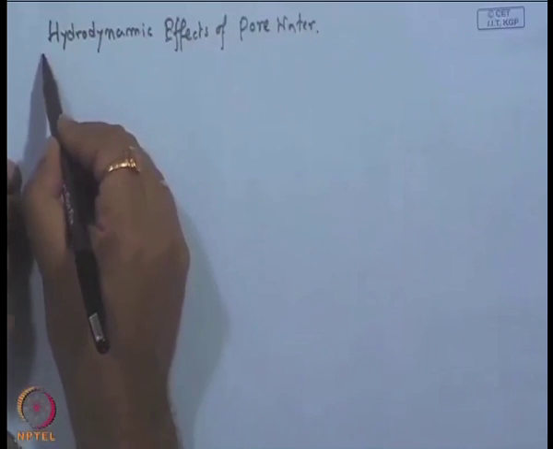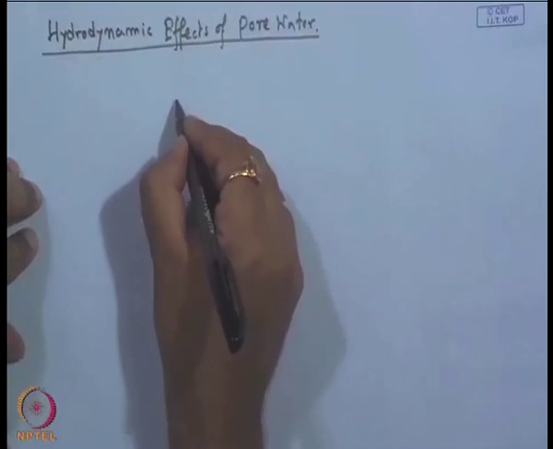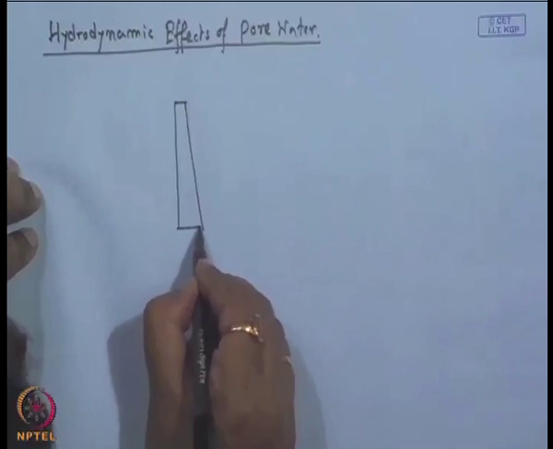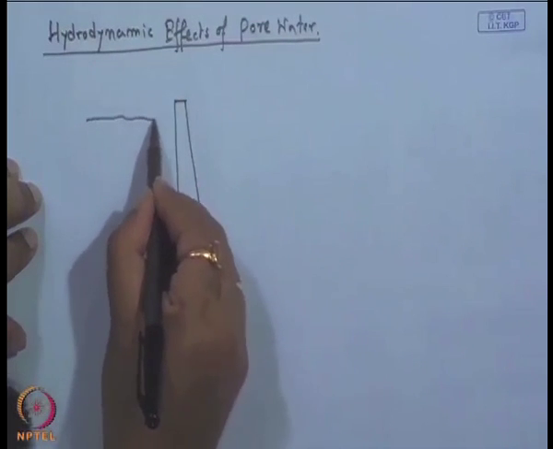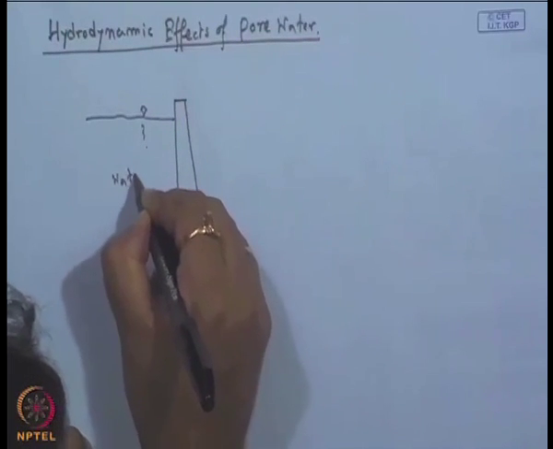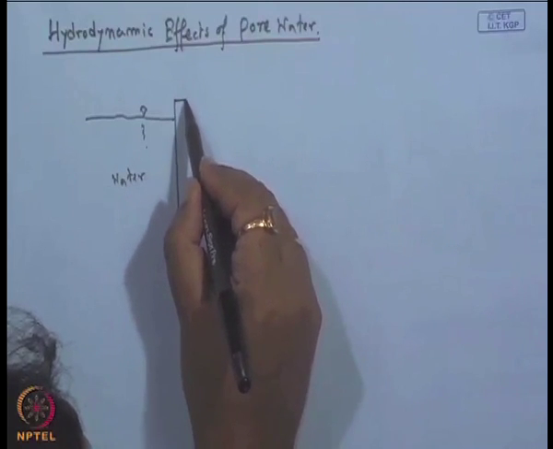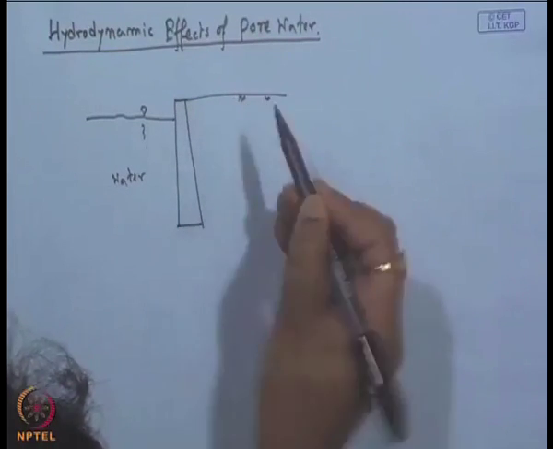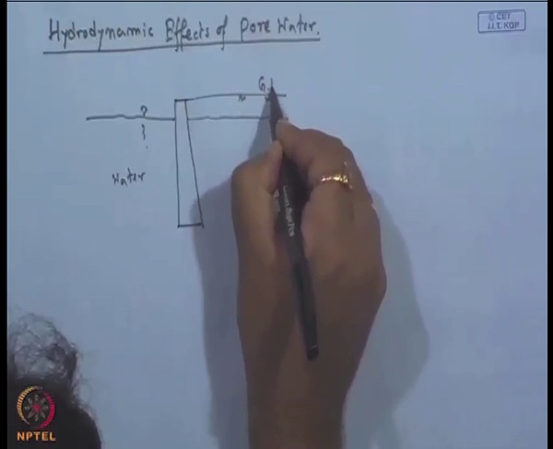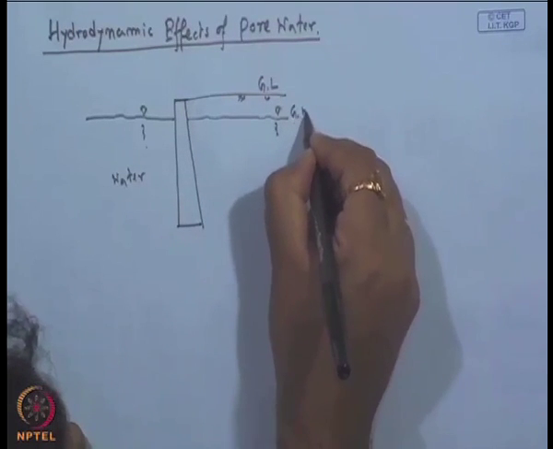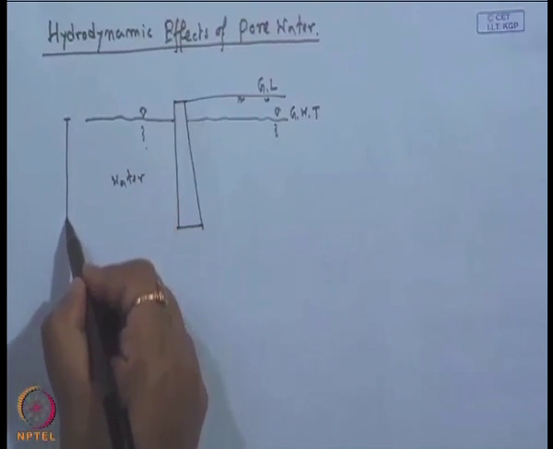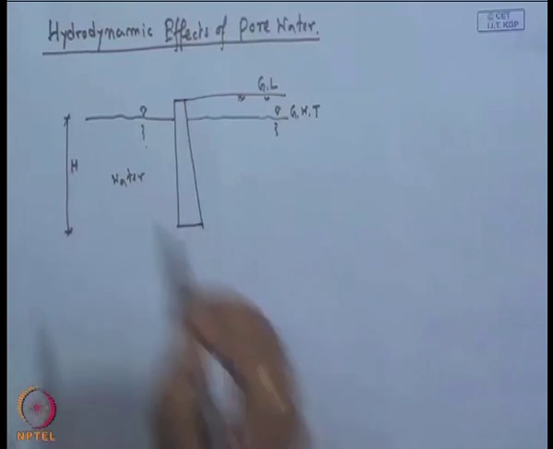now, the hydrodynamic effect of the pore waters, as I discussed in the last class. If this is a retaining wall, and this side is water, and this side is soil, and assume the water surface or groundwater surface. So, this is ground level, it is the groundwater table, and the height of this water table is h.